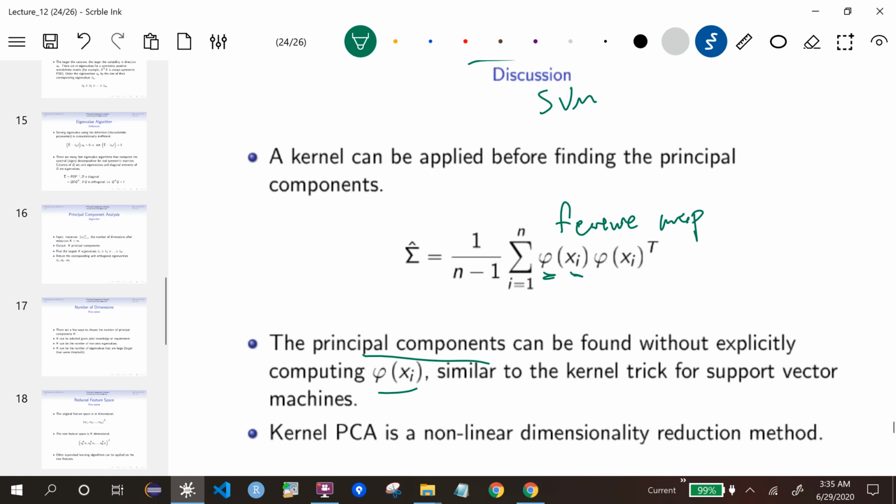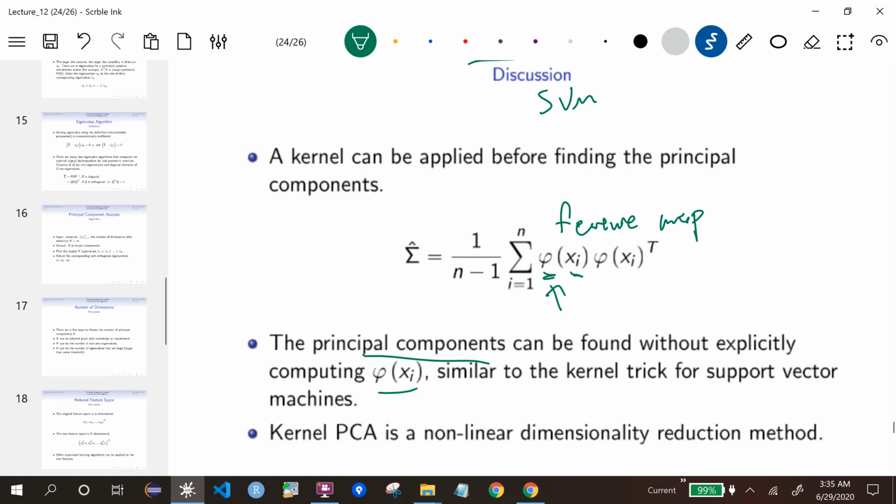The problem is, of course, that we want something like the Gaussian kernel, which transforms these things into infinite dimensional spaces. We cannot deal with infinite dimensional matrices.